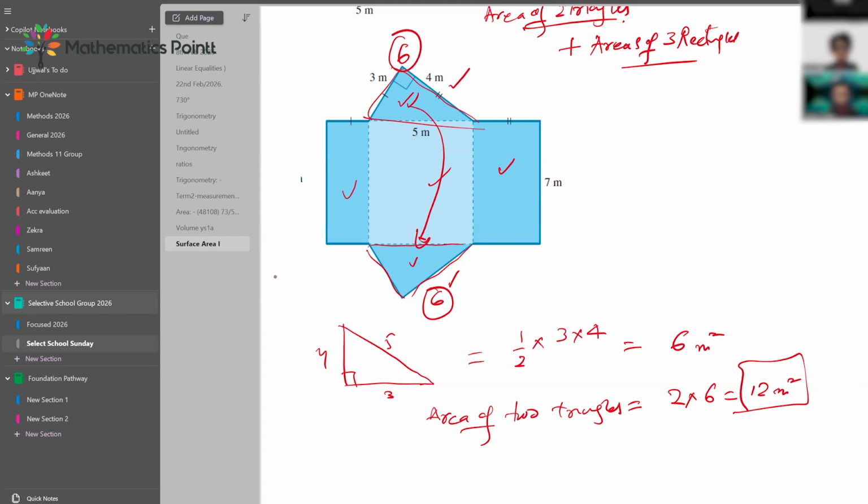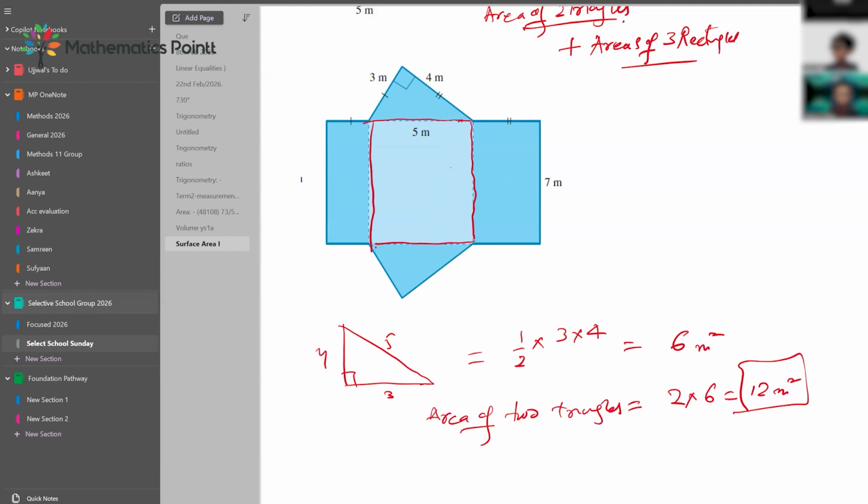Now let's find out the rectangles. Let's pick up this one. And I'll take this off so that we can see clearly. Let's pick up this rectangle. This bit is equal to this bit. This is 7.